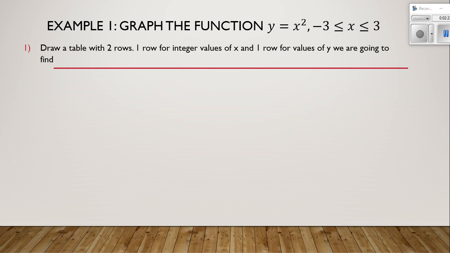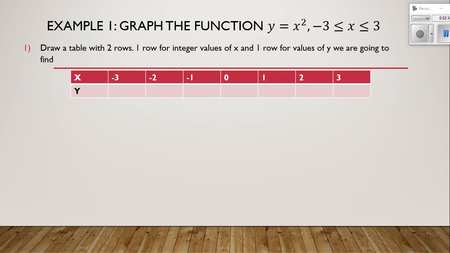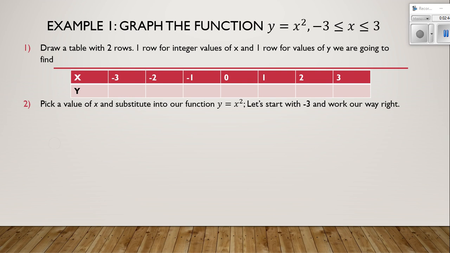We're going to first draw our table, one row for our integer values of x, and one row for values of y we are going to find. So leave the y's blank and fill in the x. It should look something like this. You could write it as a list from top to bottom, but I quite prefer these.